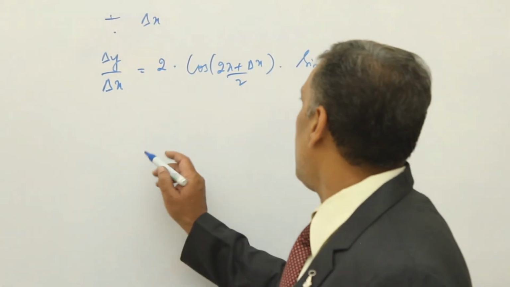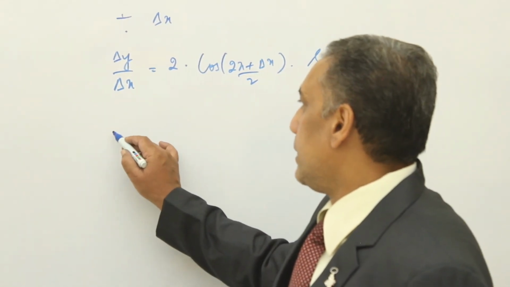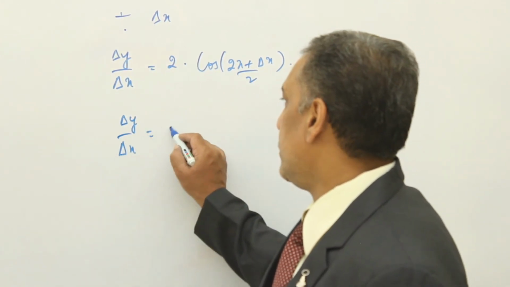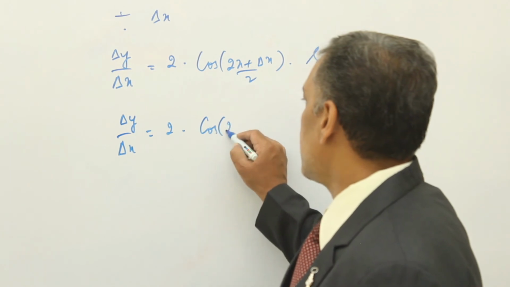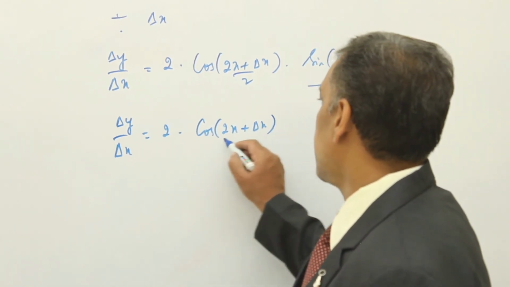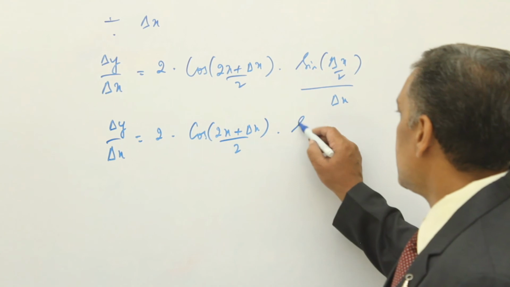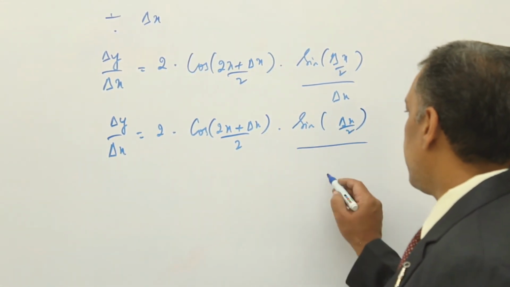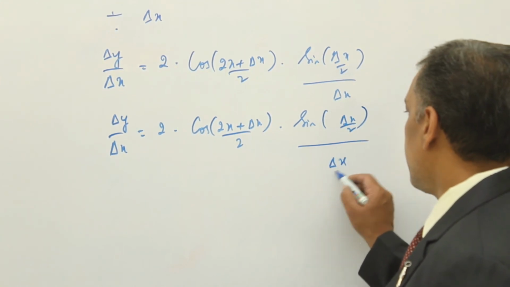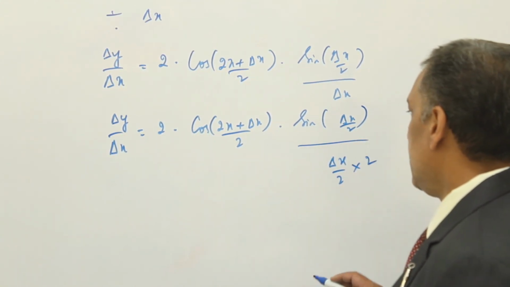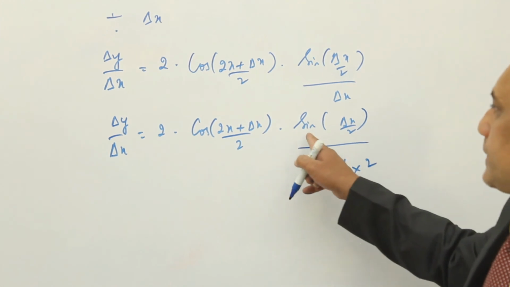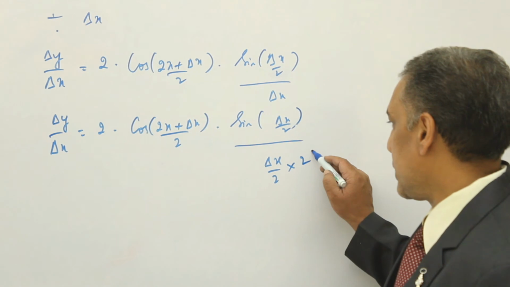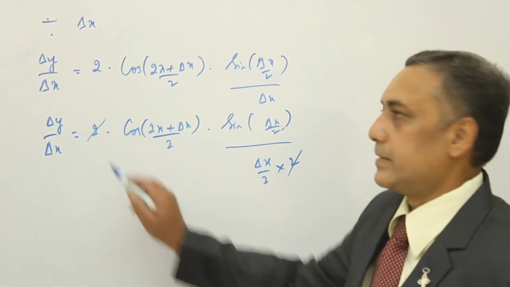So we make a small arrangement here, that is delta y by delta x equal to 2 into cos of 2x plus delta x whole by 2 into sine delta x by 2 whole divided by delta x by 2 into 2. Because limit of sine theta by theta is equal to 1, therefore I am making this modification. This 2 and this 2 I will cancel off.